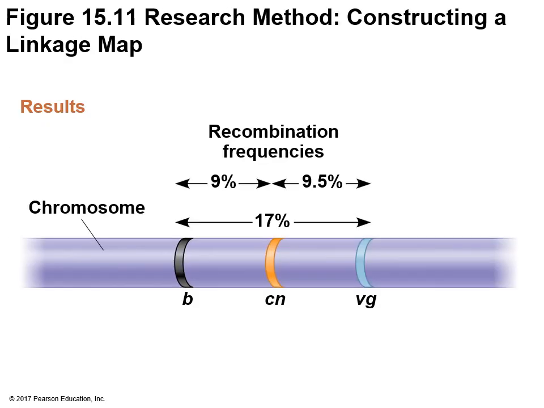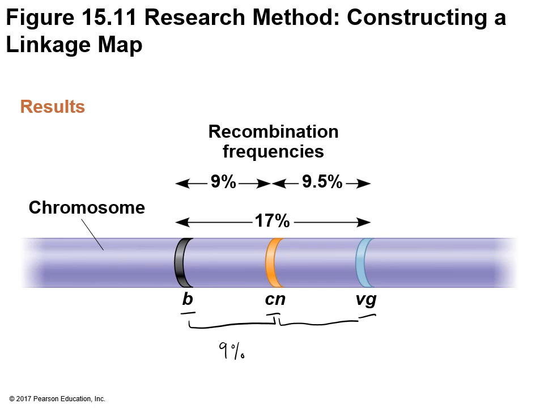So here we see a linkage map, and we see 3 genes. We have gene B, gene CN, and gene VG. Also, we can call them the 3 different loci or locus. And the recombination frequencies are here. So between B and CN, it's 9%.